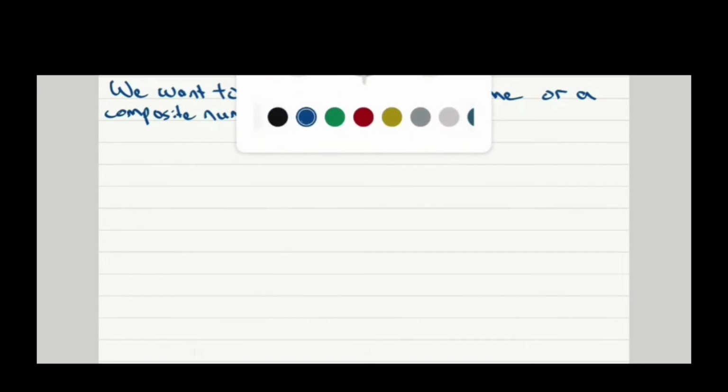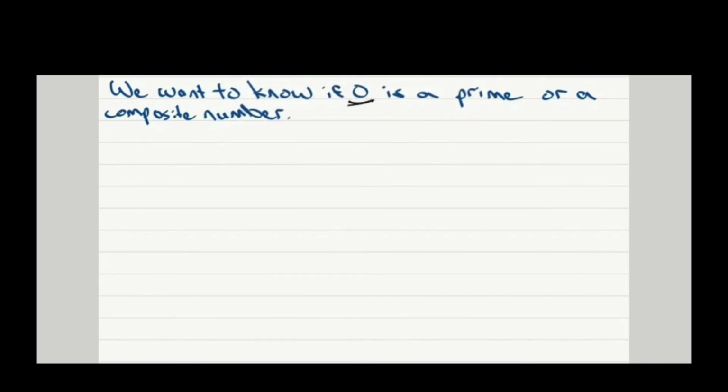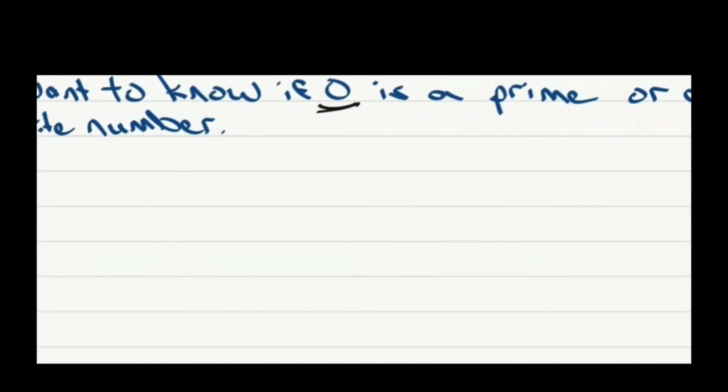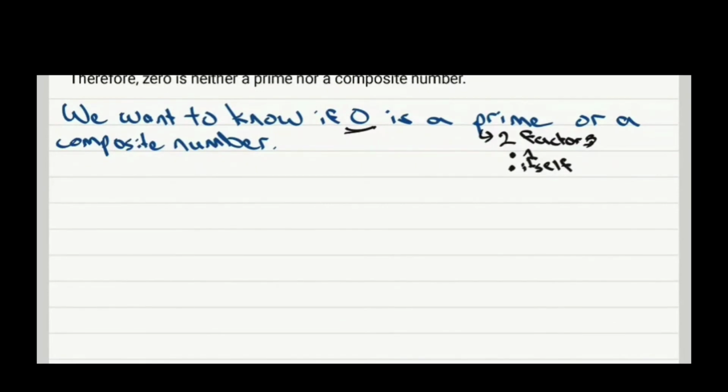Now, to really determine this, the answer lies in the definition of a prime and composite number itself. If we recall, a prime number is a number that has two factors, 1 and itself. A composite number, on the other hand, is a number that has more than two factors. The category in which 0 falls will become clear when looking at some examples.